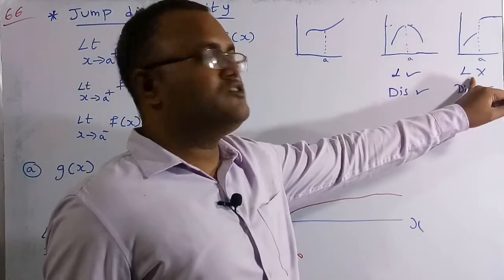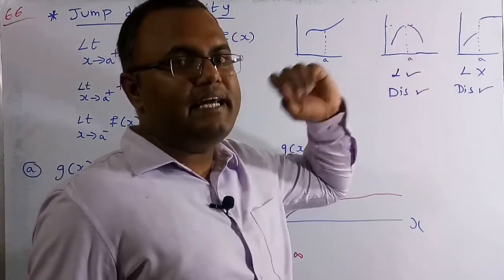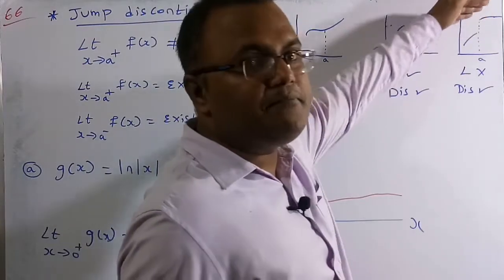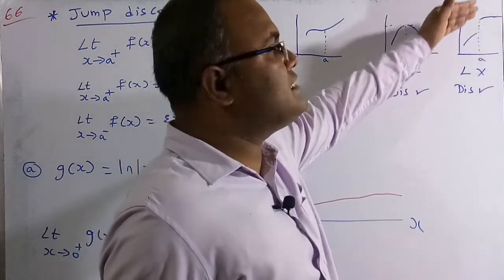If the limit is absent at a particular point A, it indicates that there is a jump in the graph. A jump in the graph is called a jump discontinuity.